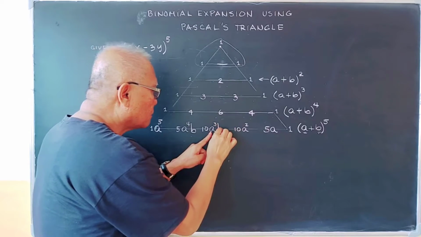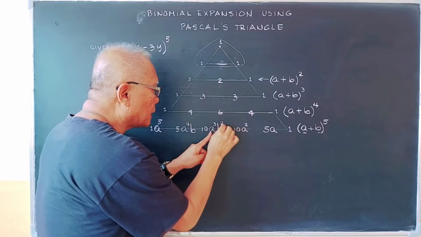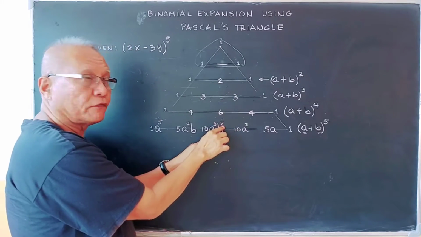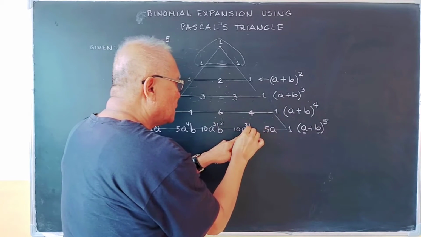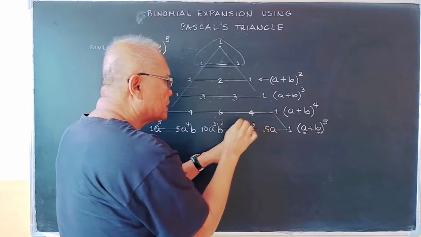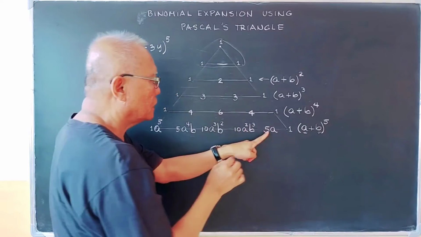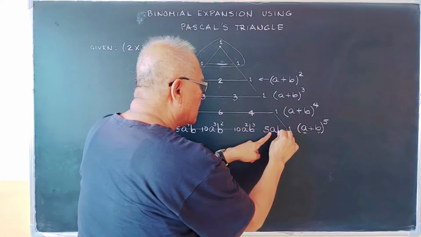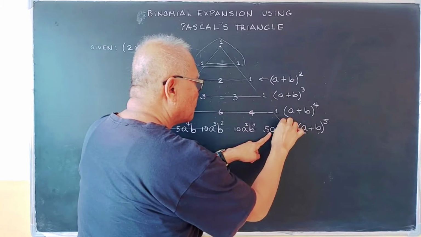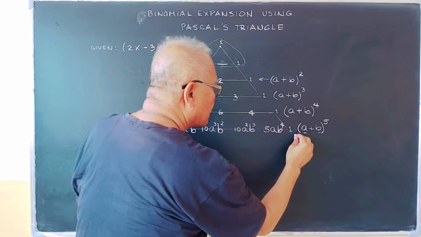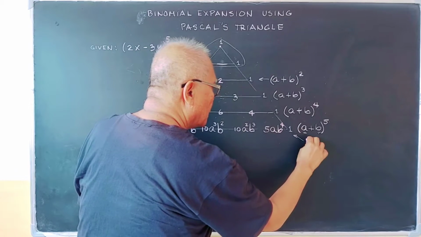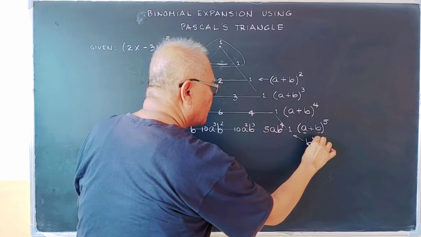To make it 5, we add squared. 3 plus 2, 5. This one is 2, so we add b cubed. 2 plus 3, 5. Now this one is 1, so we have b to the fourth. 4 plus 1, 5. And last is this one. I'll put here b to the fifth.